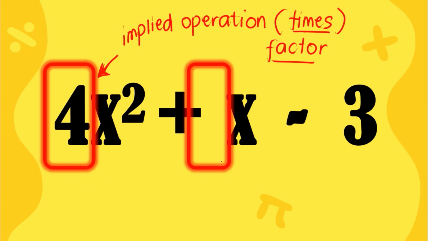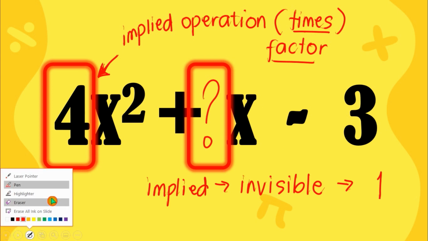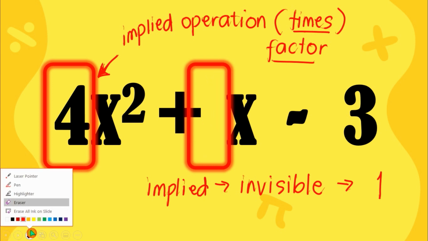And you may wonder, ano yung laman nito? Wala naman akong number. Wala naman kayong number na nakikita, di ba? Parehas naman tayo ng nakikita. Wala akong nakikita, wala kayong nakikita. If that is the case na wala kayong nakikita, it is also implied that there is an invisible numerical coefficient there, which is 1. So, ibig sabihin, meron tayong 1 dito. Okay? Meron po tayong 1 dyan na numerical coefficient.